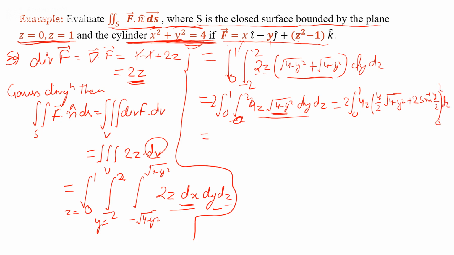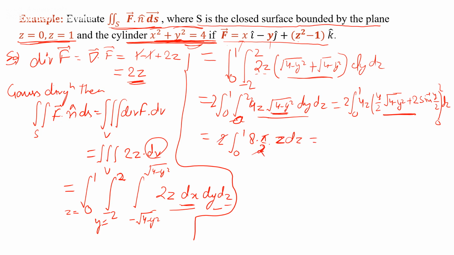When you apply the upper limit 2, the first term becomes 0, and we get sine inverse 1, which becomes pi by 2. So we get 8 pi by 2 and z dz.